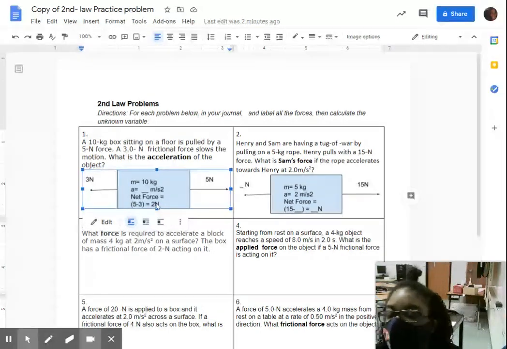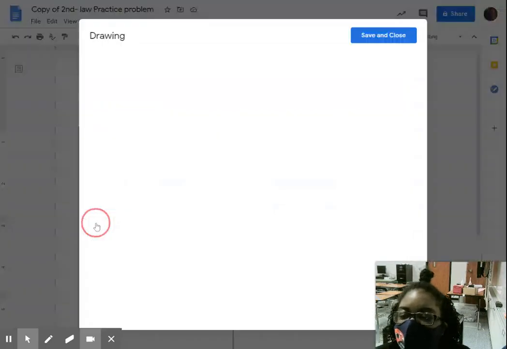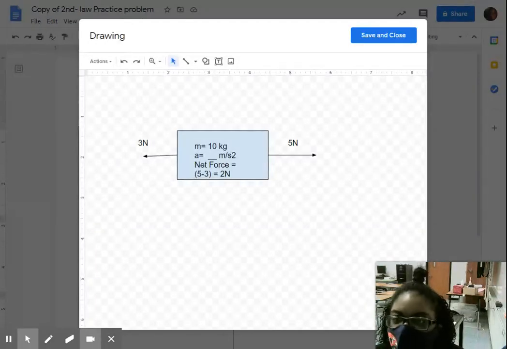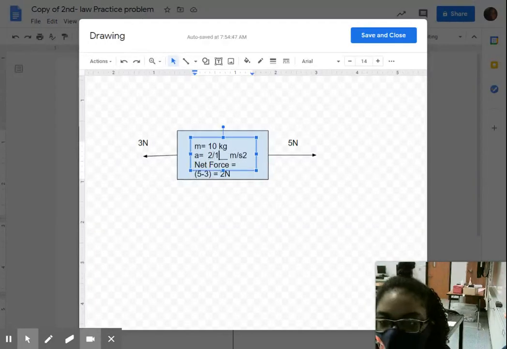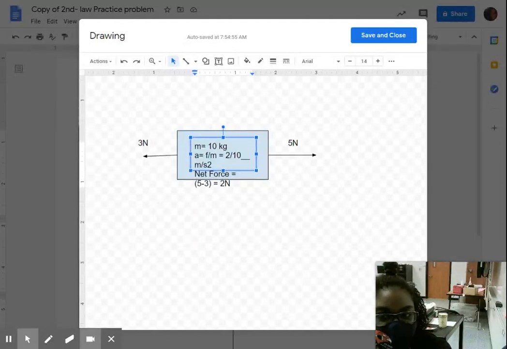Okay? So based on the triangle, our F was on top and our M is at the bottom. So we will have 2 divided by 10. F equals F over M is equal to 2 divided by 10.